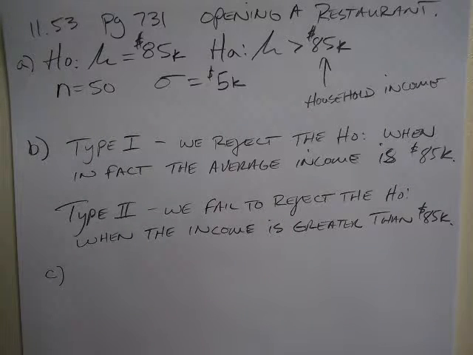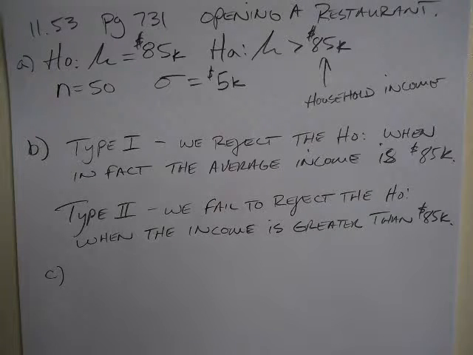Which one's worse in this scenario? What's worse? You take the survey, it tells you to build the restaurant, you build the restaurant, and you go broke because the data wasn't correct. Was that worse than you get the data, you believe that there's not enough income to support your restaurant, you don't build the restaurant, but in fact there was enough income to support the restaurant?